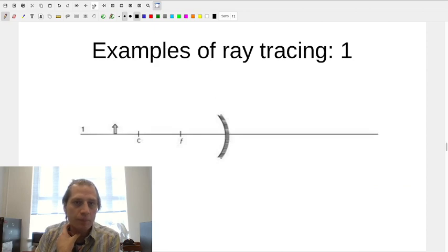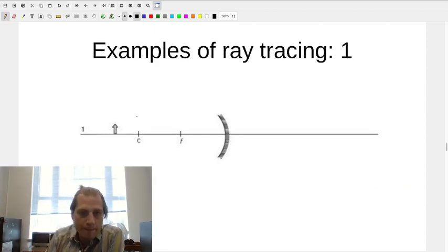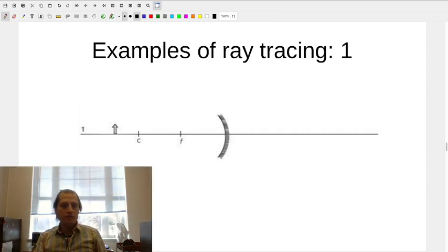So let's show a couple examples with ray tracing. Okay, so what are our rules? Here is our little object, and we want to see where the image of this object is. So that means where could I take the light that's bouncing off of this object and focus it on a little screen.